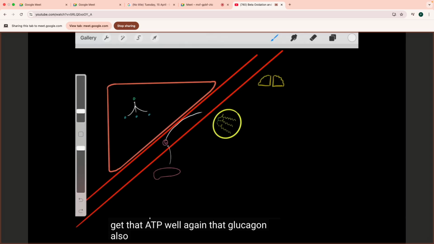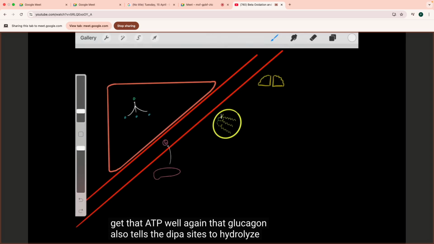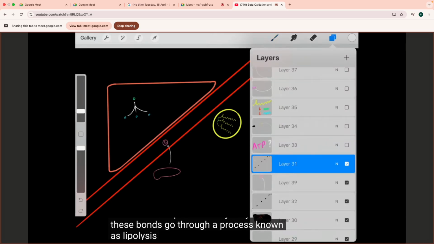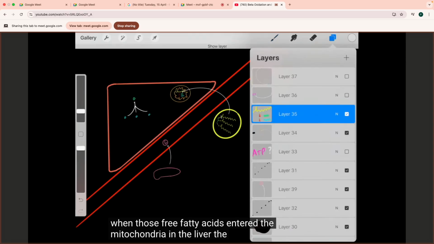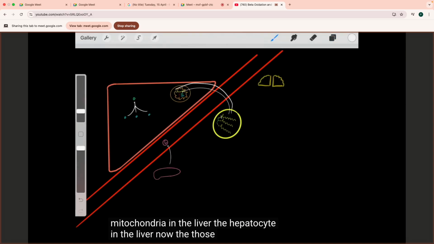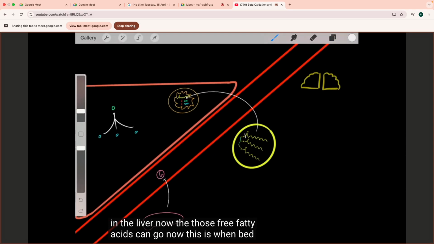Well, again, that glucagon also tells the adipocytes to hydrolyze these ester bonds, going through a process known as lipolysis, to release those free fatty acids, which can be sent to the liver mitochondria. Now, when those free fatty acids enter the mitochondria in the hepatocytes of the liver, this is when beta oxidation occurs.